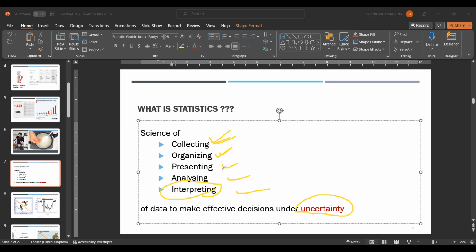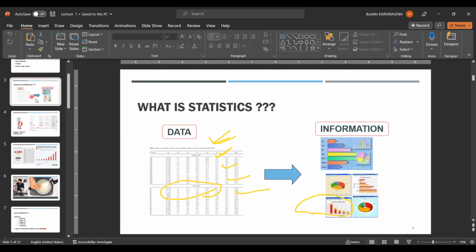Right. Okay. Now I think you have the idea about the importance of statistics and why you should learn statistics. So if we go back to this slide, basically in statistics, we have this kind of data set and we come up with this kind of information from data.